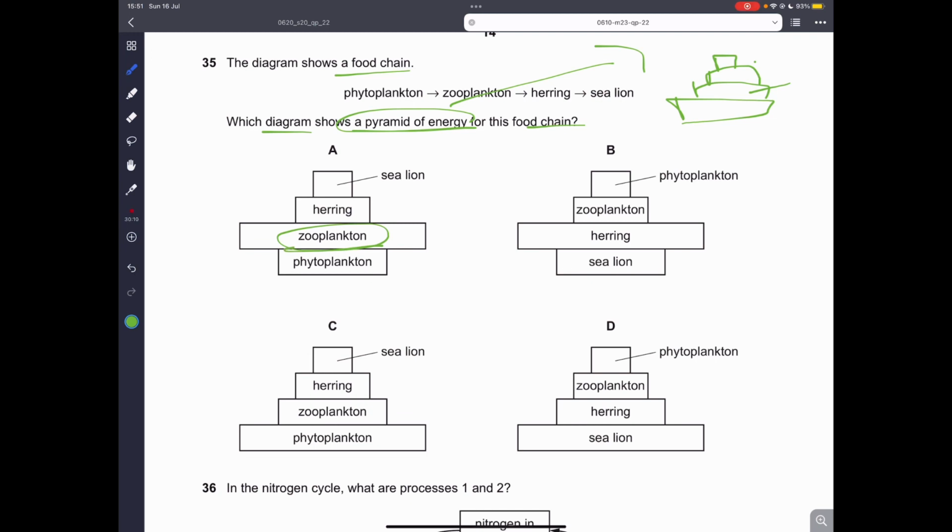You cannot have a large amount of energy on top of a small trophic level. So A and B are not possible.